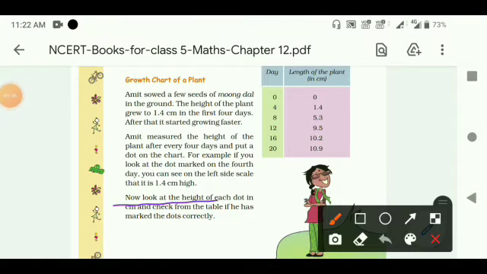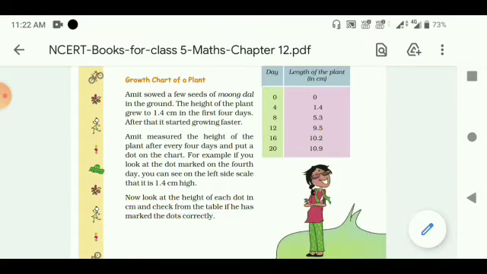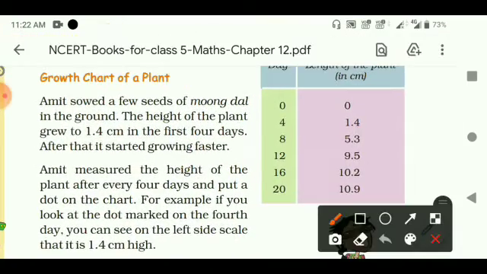Now look at the height of each dot in centimeter and check from the table if he has marked the dots correctly. So now let us check from the table. Amit measured the height of the plant after every 4 days and put a dot on the chart. So in first 4 days it grew to 1.4 centimeter. It is correct.